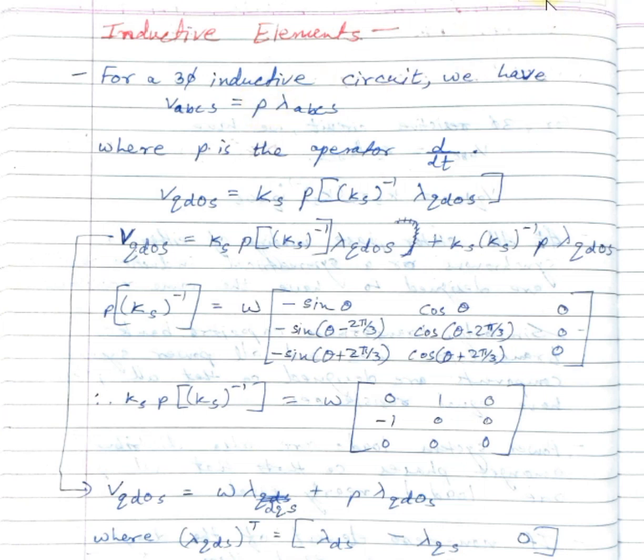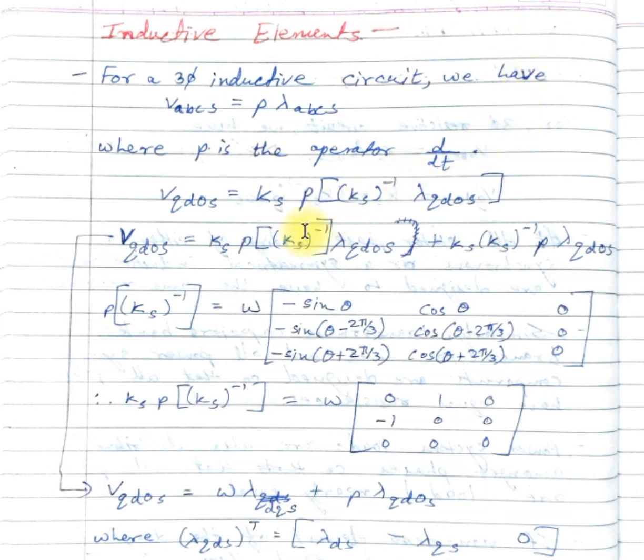In the case of a magnetically linear system, the flux linkage can be expressed as the product of inductance and current matrices before we perform the change of variables.